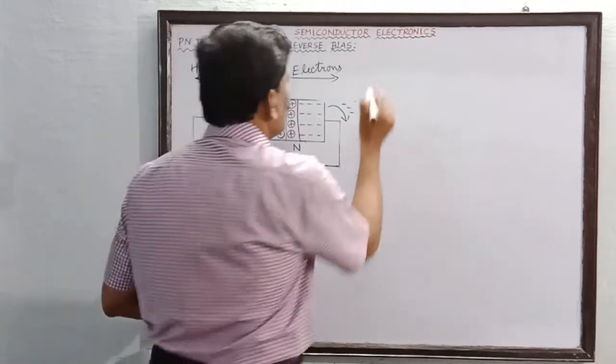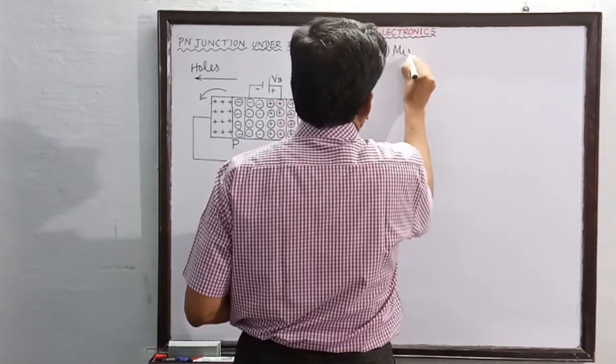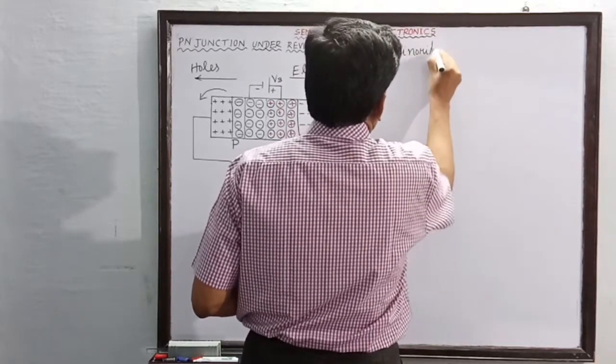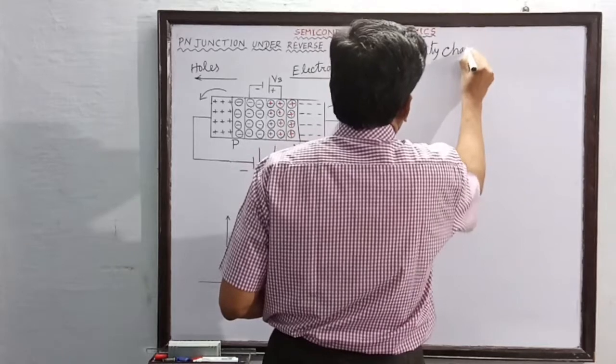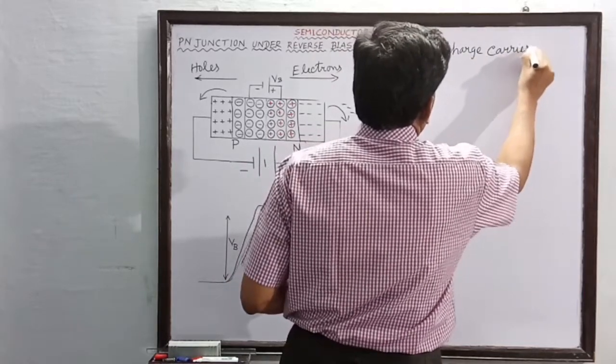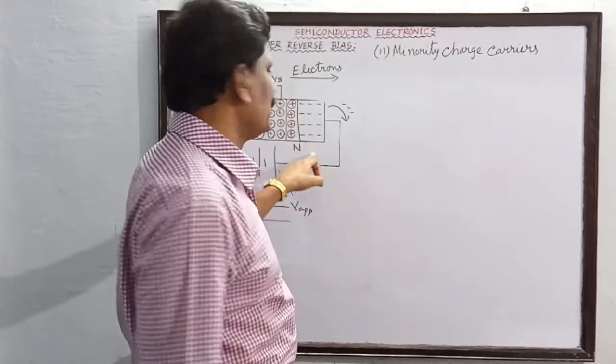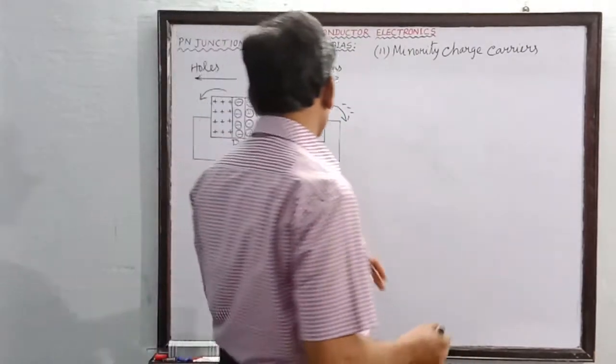Okay students, so this is the next point. The minority charge carriers in the P region are the electrons, and the minority carriers in the N region are the holes. Okay, students.